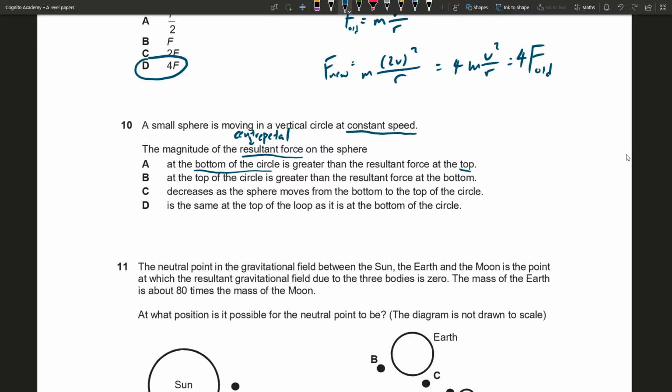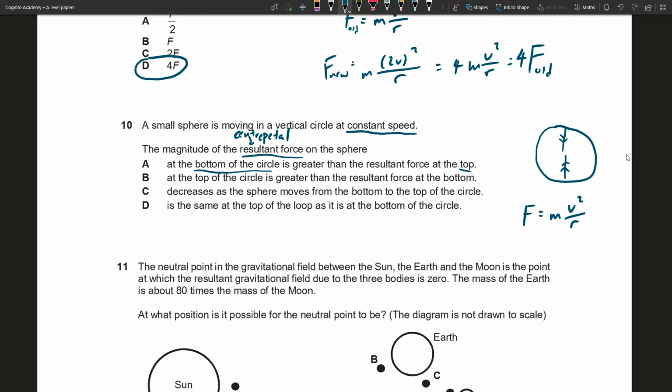So let's see. This is our circle. At the bottom there's this resultant force. At the top there is also this resultant force, which gives the centripetal force. What we have to remember here is the centripetal force is given by mv squared over r. v is our speed, m is the mass of the object, r is the radius of the circle.